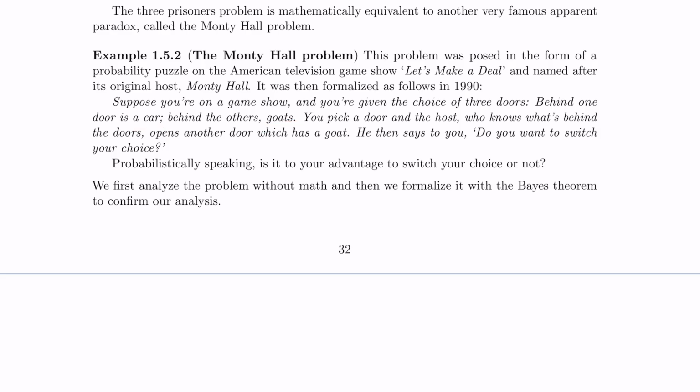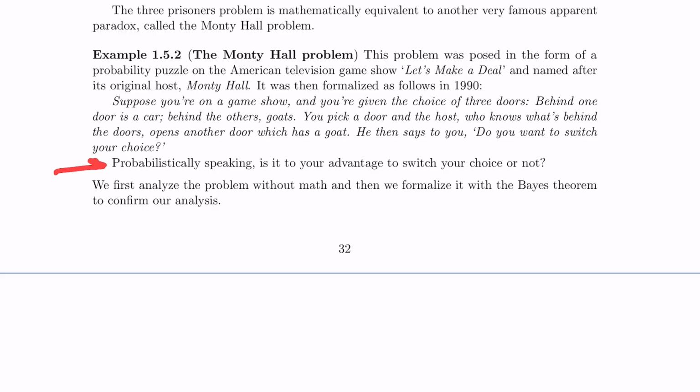You pick a door and the host, who knows what's behind the doors, opens another door which has a goat. Then he asks, do you want to switch your initial choice? The problem is, probabilistically speaking, is it to your advantage to switch your choice or not? We're going to analyze this problem in 2 ways. The first without mathematics, and the second with the Bayes theorem.